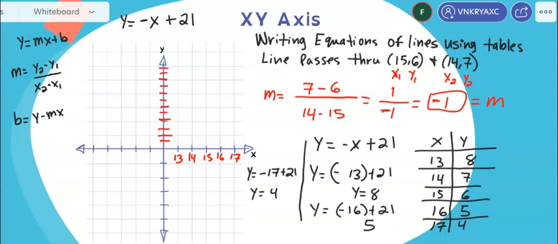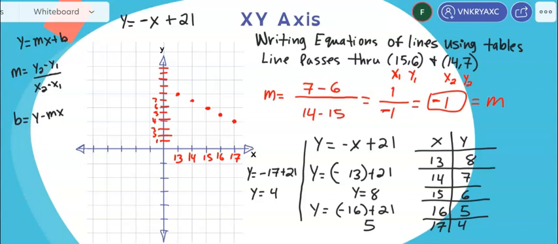So for 13 it is 8. 13 is 8, 14 is 7, 15 is 6, 16 is 5, and 17 is 4.